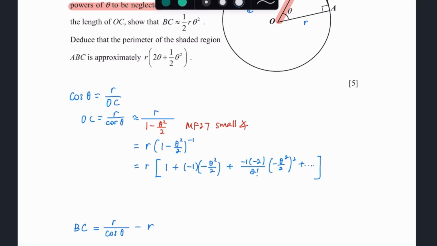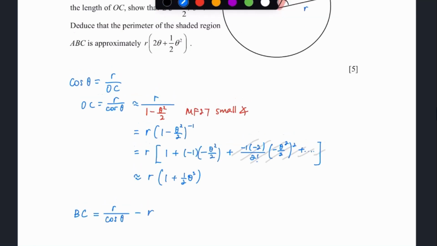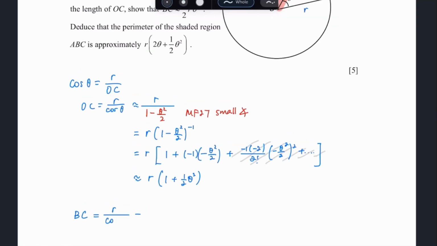But because this is sufficiently small, this one over here, power 4, can be ignored. So what do we have? We have r(1 plus half theta square). Then last but not least, we have our BC, which is r over cosine theta minus r.